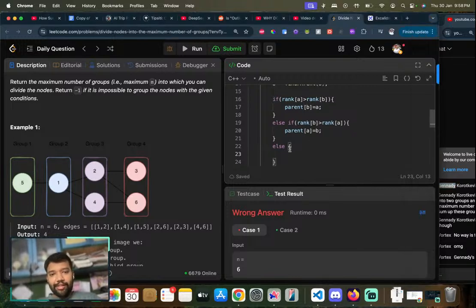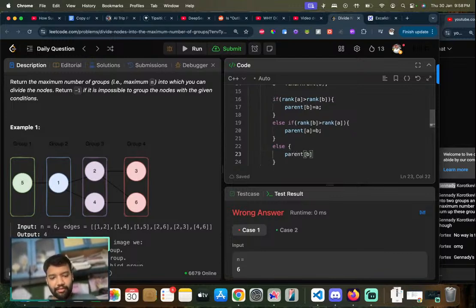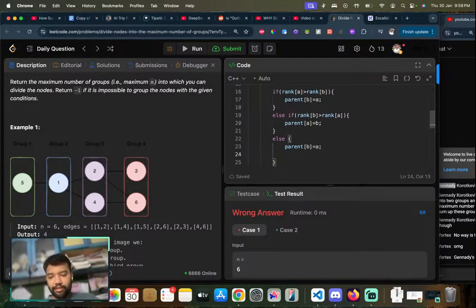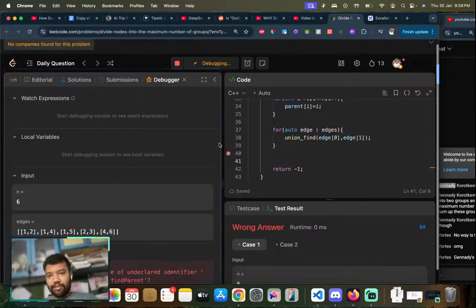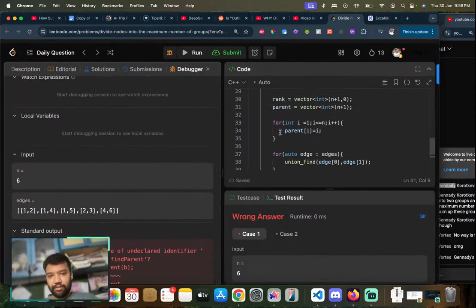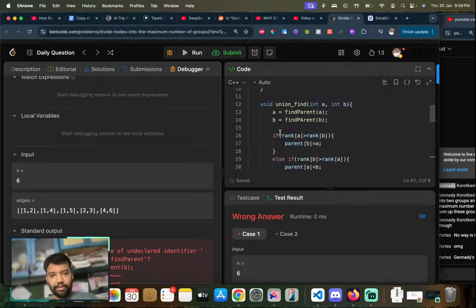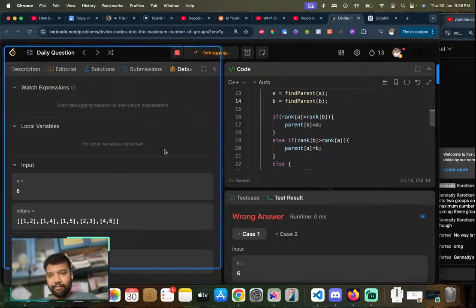Okay, else if ranks are equal, in that case parent of B is equal to A, and rank of A plus plus, so I increase the rank. Let's debug and see just what our answer looks like to this point, how our rank and parent look.